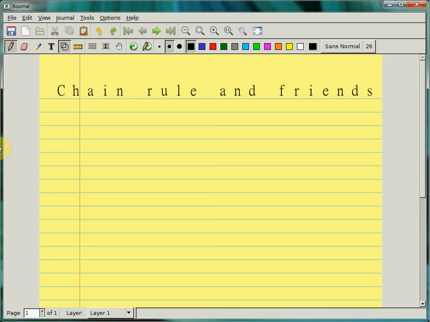So I want to introduce the chain rule and also go through a few examples. We have a few basic tricks for derivatives. We know that the derivative of something like x to the n is going to be n times x to the n minus 1.